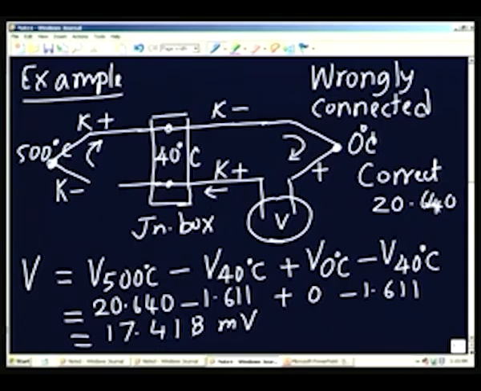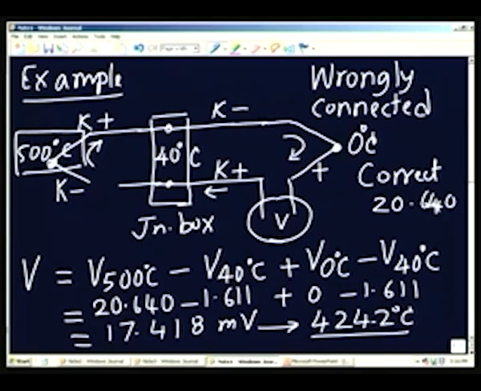But what we have got is 17.418, and if you were to convert this to a temperature, because this is what I would read, I would not be obtaining this 17.418 by calculation like this. What I would get is directly the reading from the voltmeter. This would be the reading, and if I convert this reading to the temperature, it will correspond to 424.2 degrees Celsius. What we wanted to measure is 500, and what we are inferring is 424. So, you see that there is a very large error.